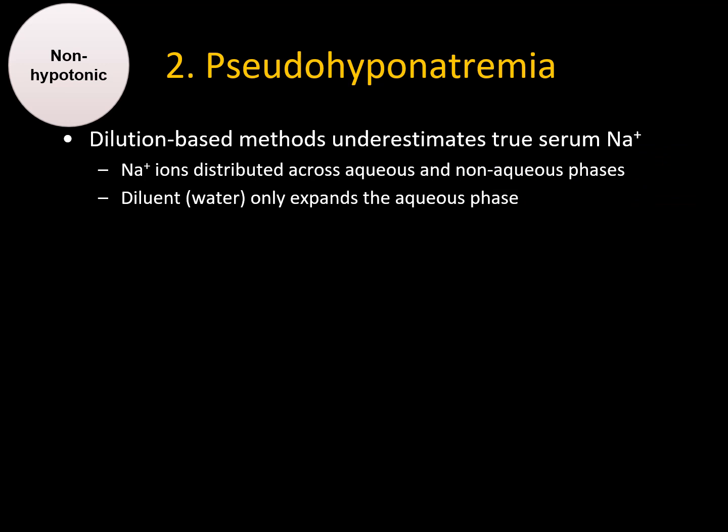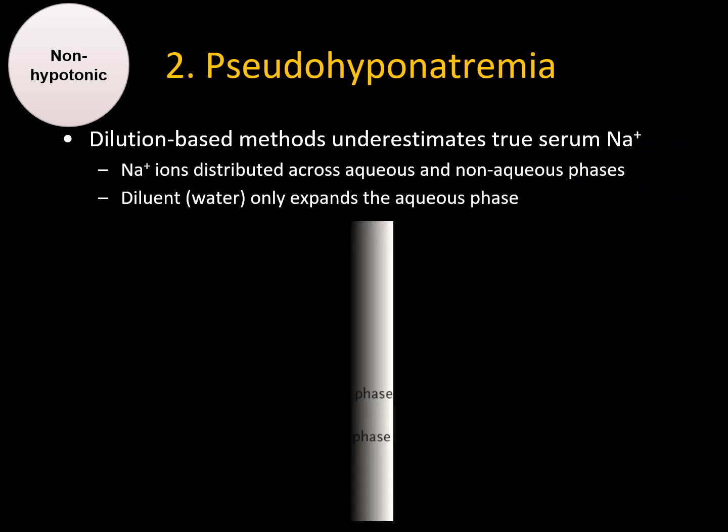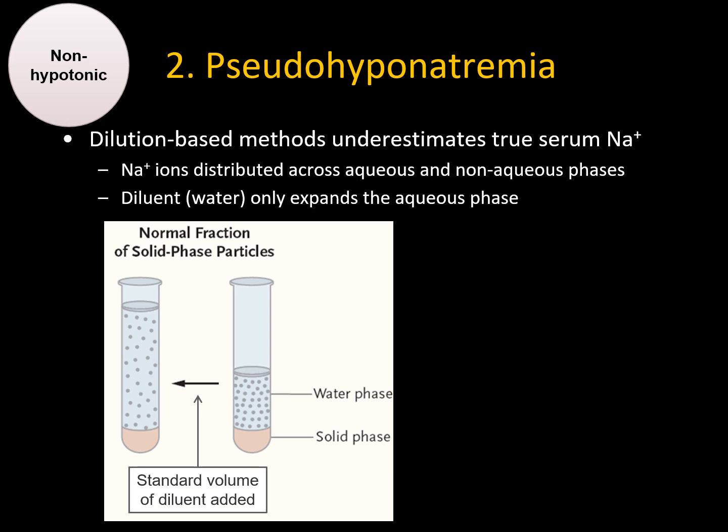Pseudo-hyponatremia occurs if the lab still uses the dilution-based method. In this method, a standard volume of diluents is actually added prior to the measurement of serum sodium. Normally, serum sodium is distributed across both the aqueous or the water phase as well as the non-aqueous phase or the solid phase.